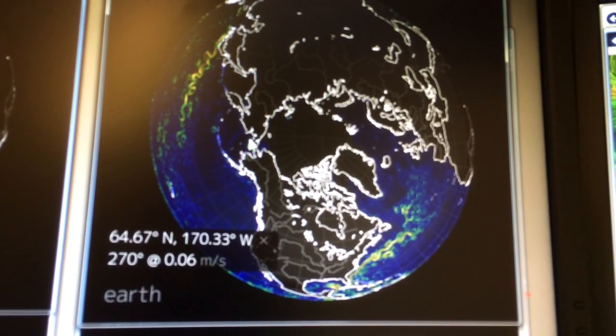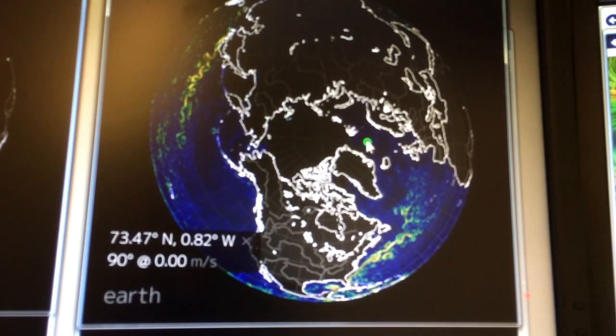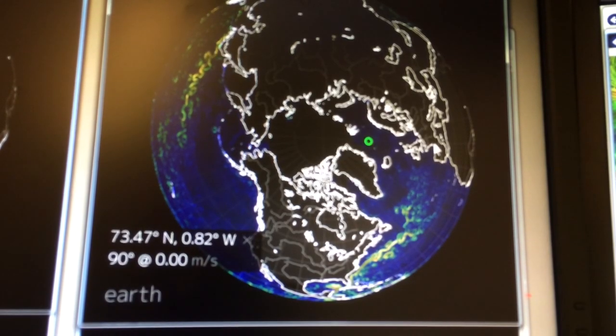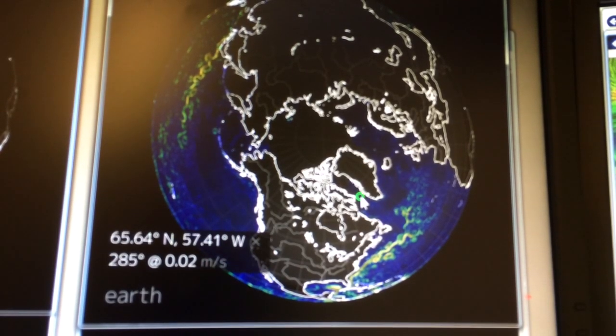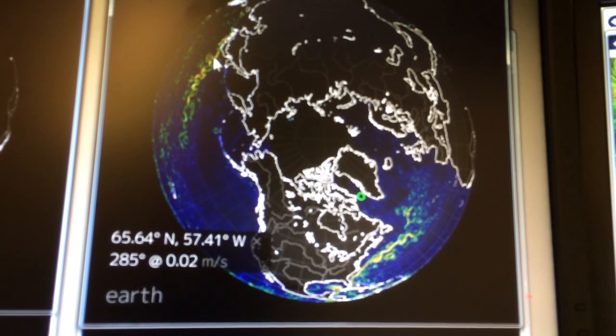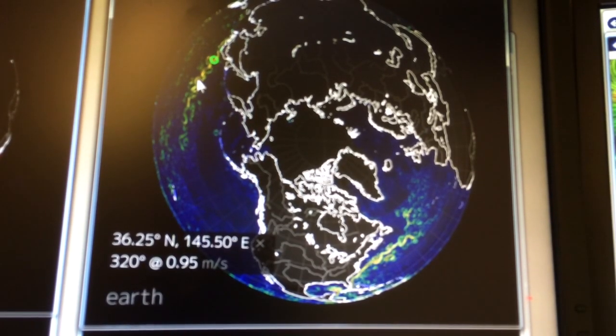This is 0, so 270 is that way. So the water's flowing out of the Bering Strait, and over here the water's flowing at 90 degrees, so it's flowing this direction. Actually, it says 0 there, so there's not much motion. So you can see which direction and which speed the ocean currents are having. And what do we have over here? We've got a lot of motion up here as well.